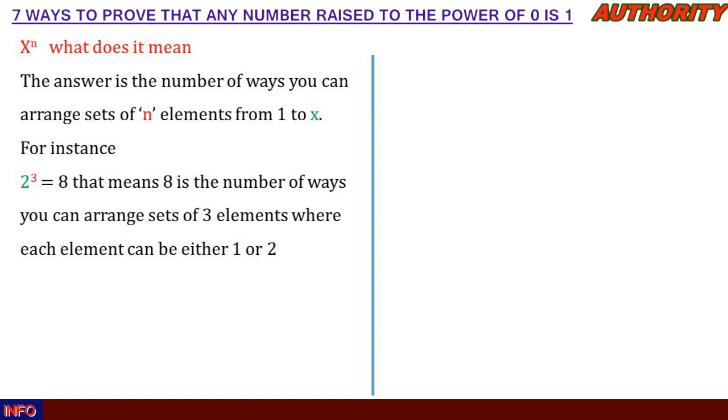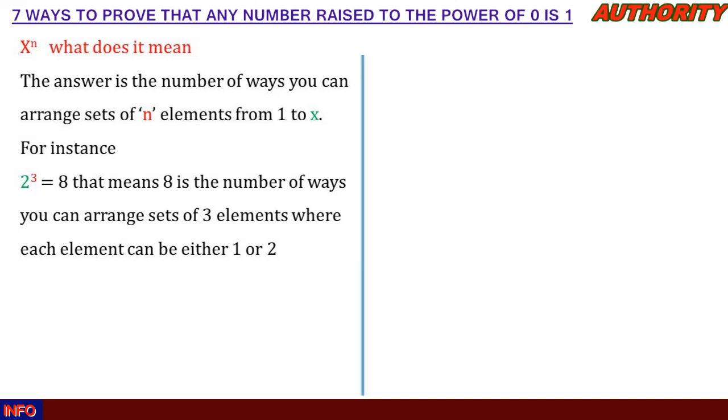Maybe you didn't get it clearly. We have 2 raised to power 3 is equal to 8. So that means 8 is the number of ways you can arrange sets of 3 elements, where each element can be either 1 or 2. You get it, right? Good.